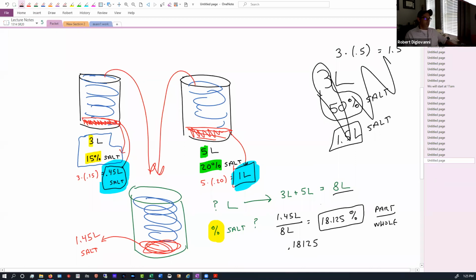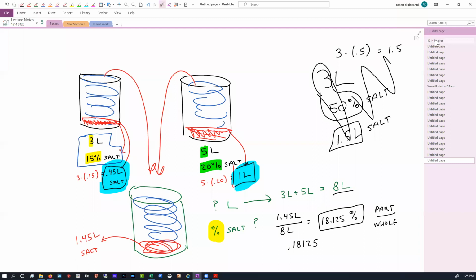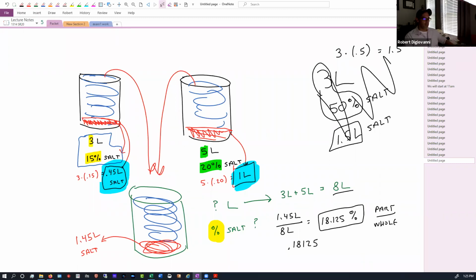Ooh, it's messy, yes? I think we should maybe do one more. Are there any questions on this one before I go to the next one, though? Like where I got anything?